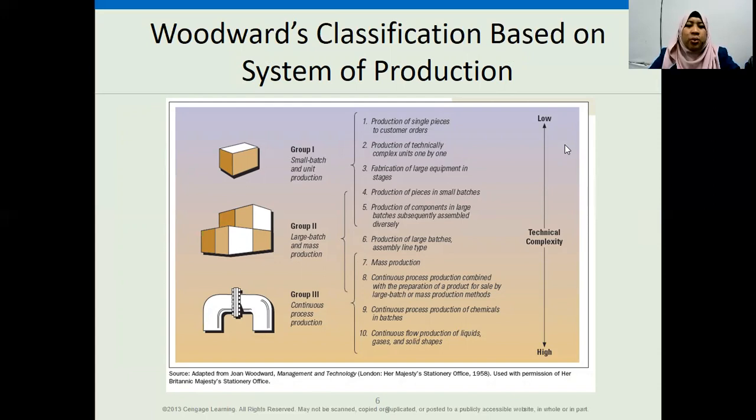So they have group 1, group 2, group 3, and then they have small batch and unit production.